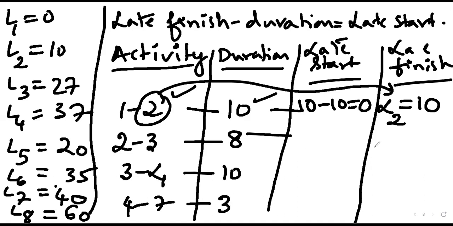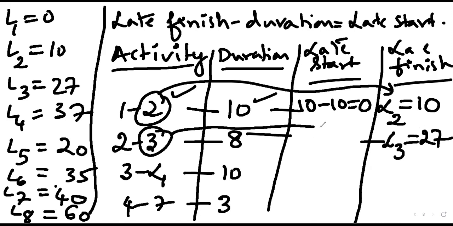So can you just continue calculating this? For this, what should be the value? 27. Yes, that's the reason, because L3 has to be considered in this equation. Correct.